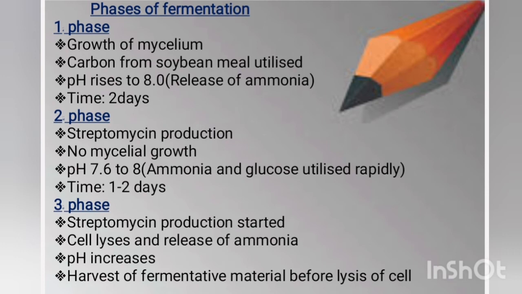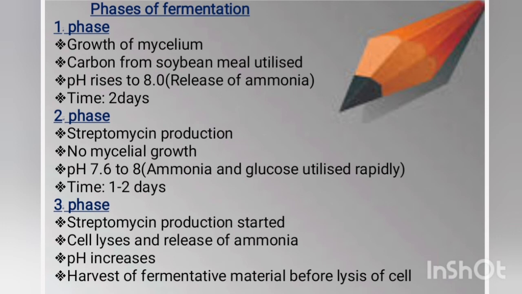There is no rise in the pH. In the first phase, ammonia is produced; in the second phase, ammonia is utilized. So in the first phase pH is raised and in the second phase pH is lowered. Ammonia and glucose are utilized rapidly, and this phase takes about 1 to 2 days.